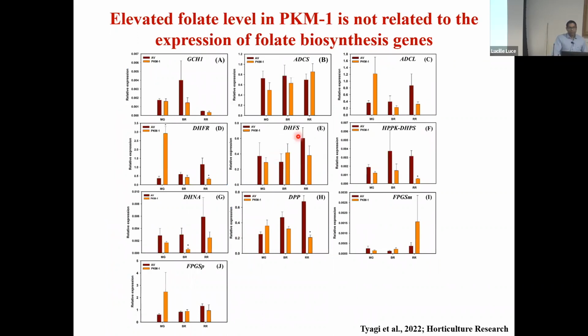So the next question was whether high folate in PKM is because of the expression of folate biosynthesis genes. But we did not find much significant difference in our analysis. All the genes have more or less similar expression in AV and PKM. So we thought that maybe the regulation is somewhere else other than folate biosynthesis gene transcription.